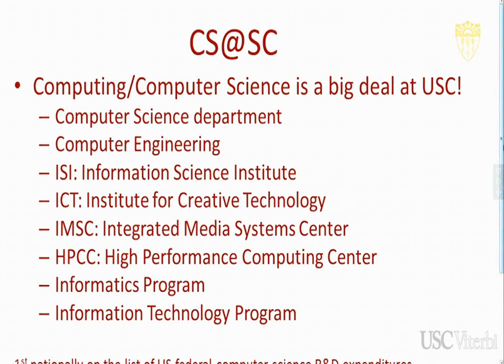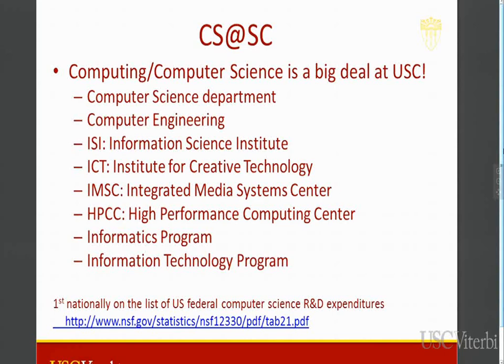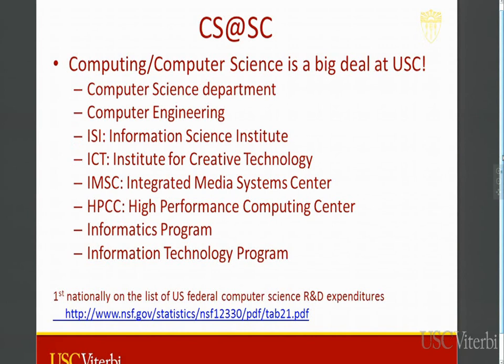We have several major institutes, the Information Sciences Institute, ISI, the Institute for Creative Technologies, ICT, and the Integrated Media Systems Center, IMSC. The researchers at these institutes have faculty appointments in the Department of Computer Science. So if you come to USC to pursue a PhD in computer science, you have the possibility of working with faculty who make their homes at one of these institutes or centers.